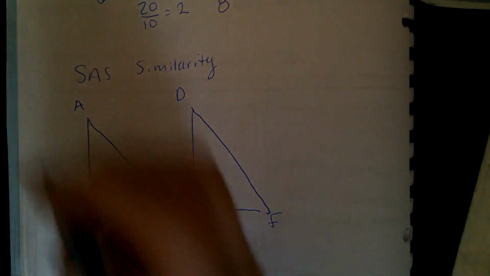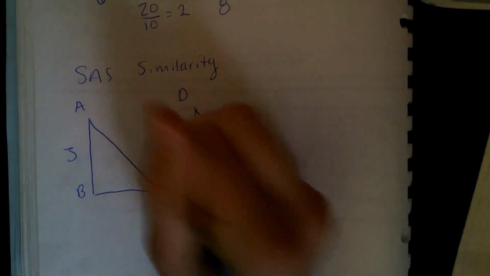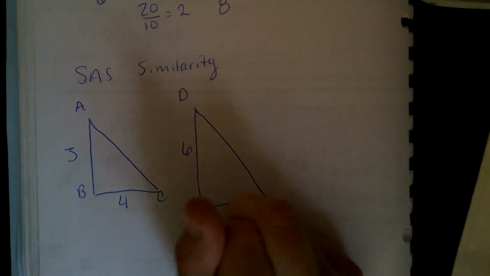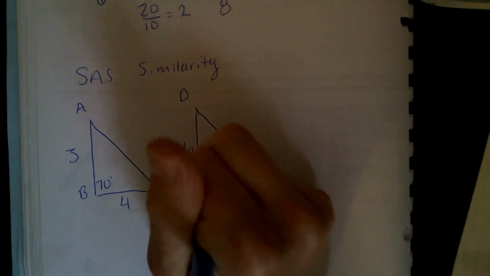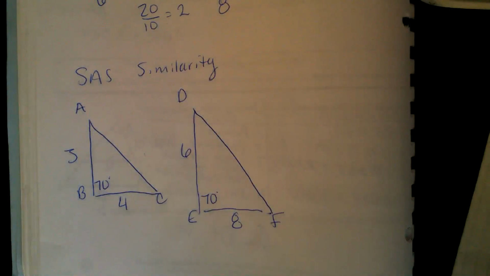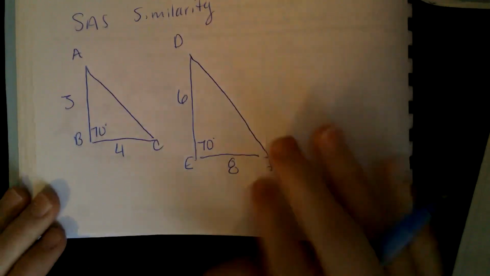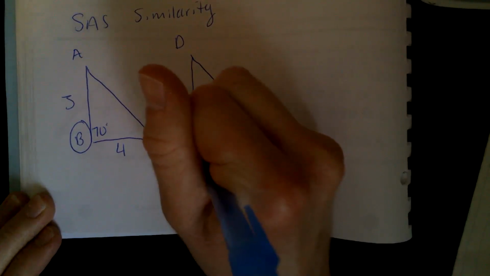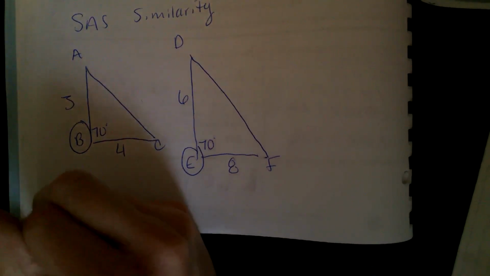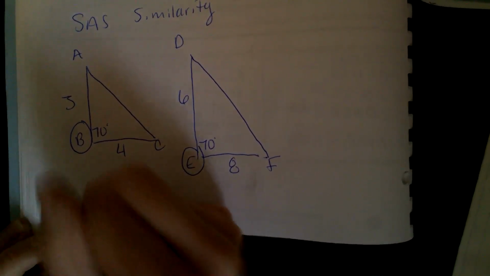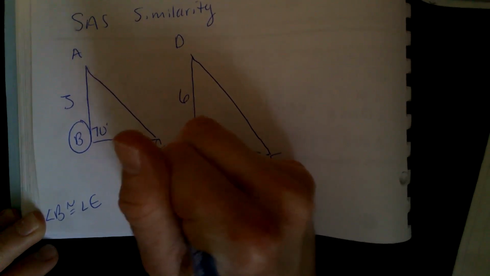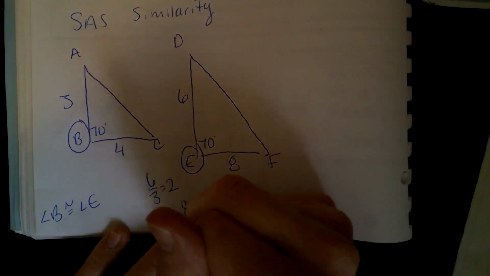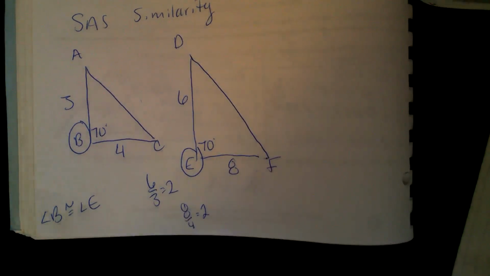So let's say I have AB is 3, 6, 4, 8, and I don't know, let's do 70. Right? Now, since angle B and angle E are congruent, so angle B is congruent to angle E, that is the included angle between these two sides. Now, 6 over 3 is 2, and 8 over 4 is 2. Okay?